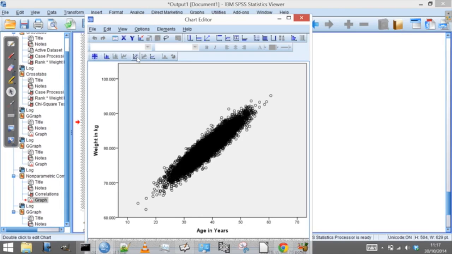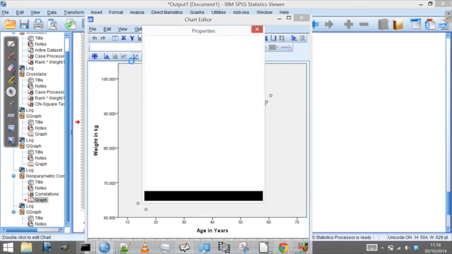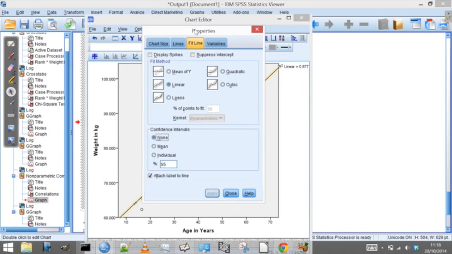And that box there says add fit line at total. So it's just saying, can I fit a straight line to the total data set, or can I fit a line, actually not even a straight one. And when you click on it, you get this box, and you'll see that linear is already selected.